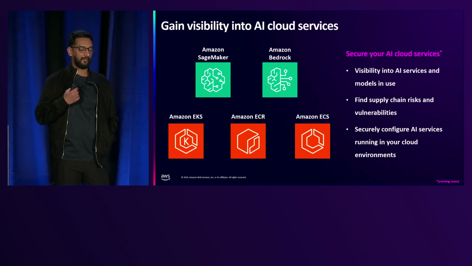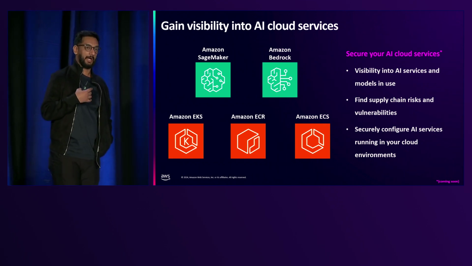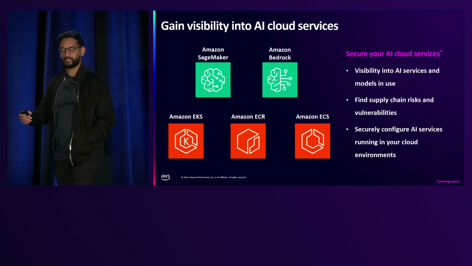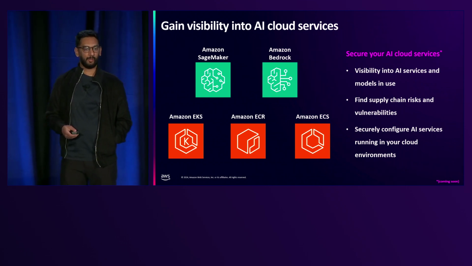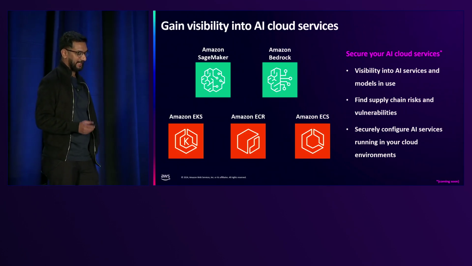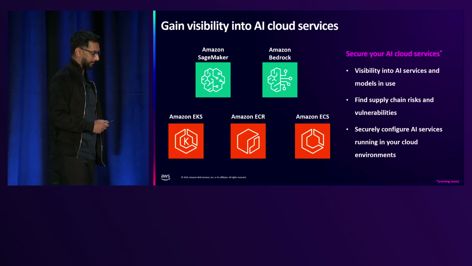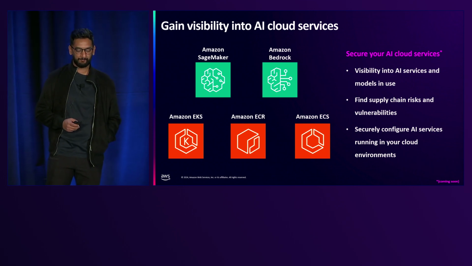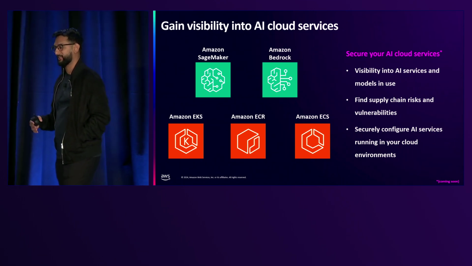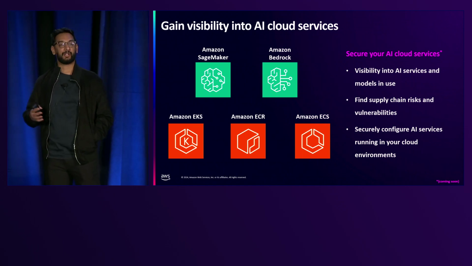This means finding vulnerabilities, misconfigurations, exposure, and access to sensitive data. We can also find supply chain risks, like I mentioned, with integrated scanning of ECR repositories. And of course, with EKS and ECS, we also understand if those specific endpoints are exposed.